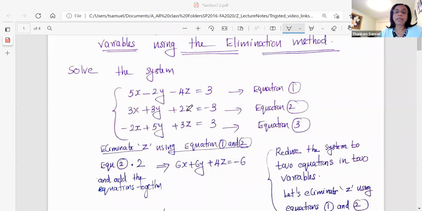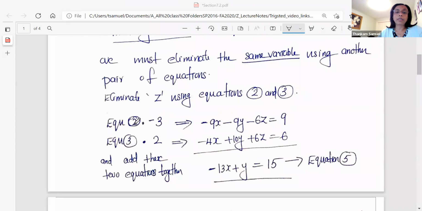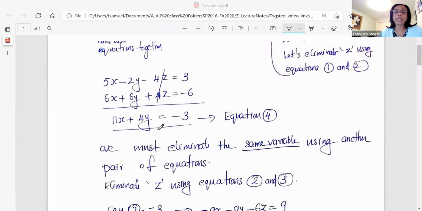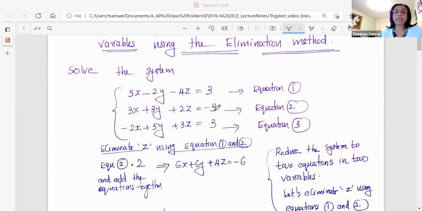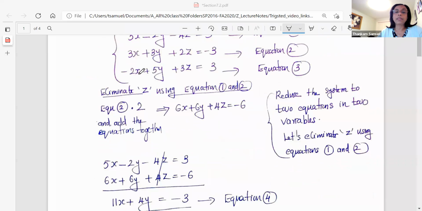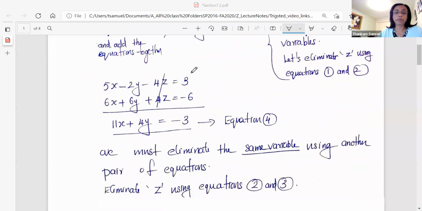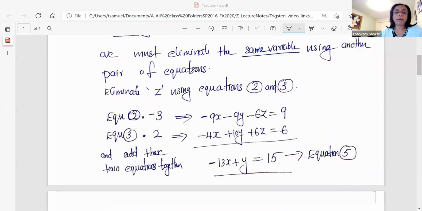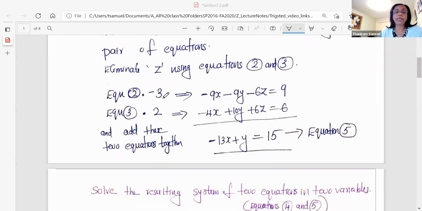So multiply the second equation by negative 3, and the third equation by 2. So when we multiply the second equation by -3, we'll get -9x minus 9y minus 6z equals 9.